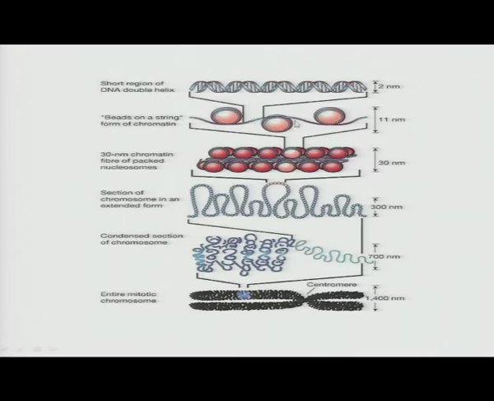These nucleosomes will further condense to form 30 nanometer chromatin fiber, and with the help of certain scaffold proteins this further forms a 300 nanometer loop, and these loops get again condensed to form 700 nanometer heterochromatin, and these also get condensed to form 1400 nanometer wide chromosome.